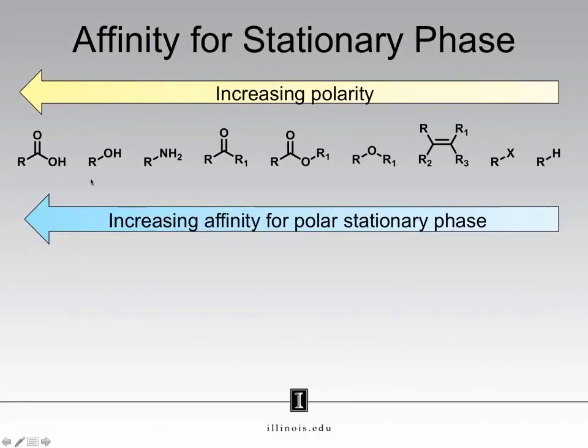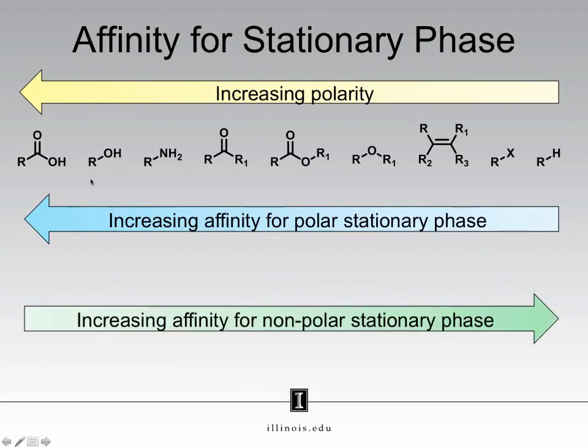When we have a polar stationary phase, polar compounds interact with it more strongly. They have a higher affinity for it. They stick better. In contrast, you might imagine that if we have a non-polar stationary phase, the opposite is true. If we are using a non-polar reverse phase, then non-polar compounds should have the strongest interactions with the stationary phase.